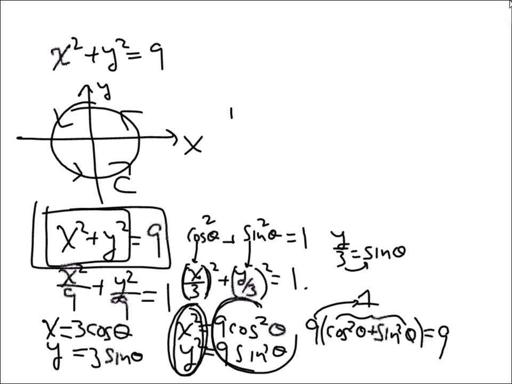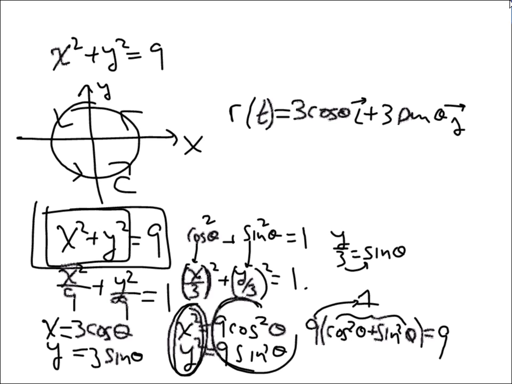So, for the answer, you should say that r of t, where t is the parameter, is 3 cosine theta in the i direction plus 3 sine theta in the j direction. But now you do need to make a comment on theta.